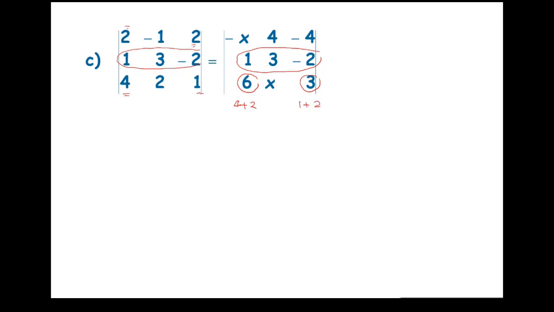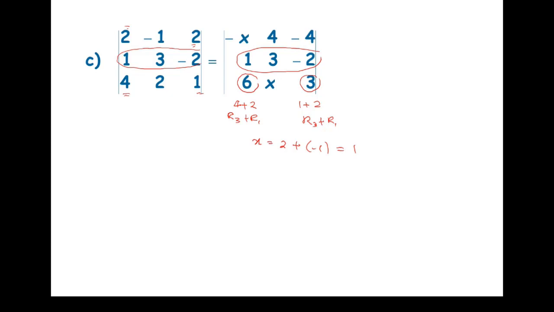That means to get the element on the third row on the right side, it is row 3 plus row 1. So that means x is equal to 2 plus negative 1, which is equal to 1.